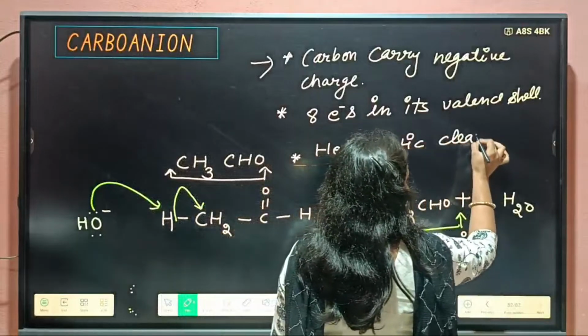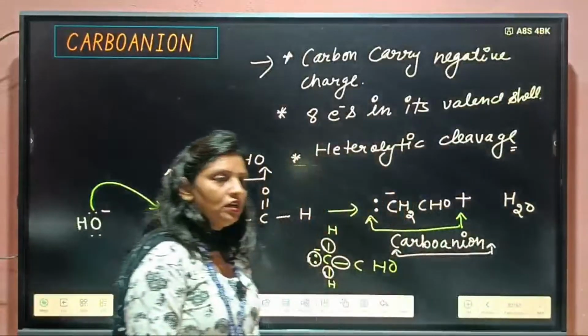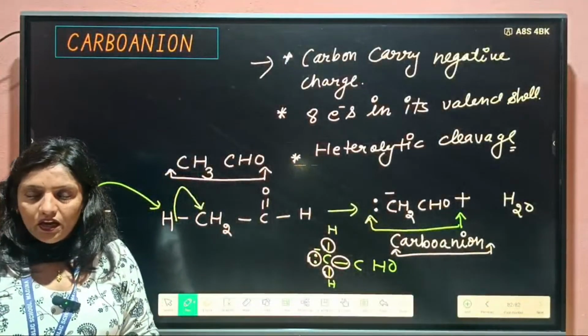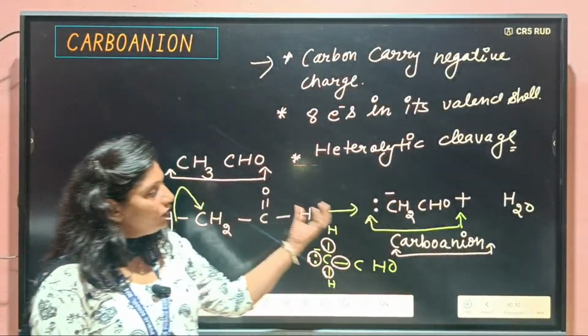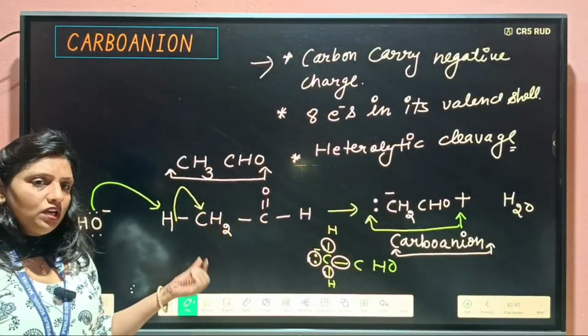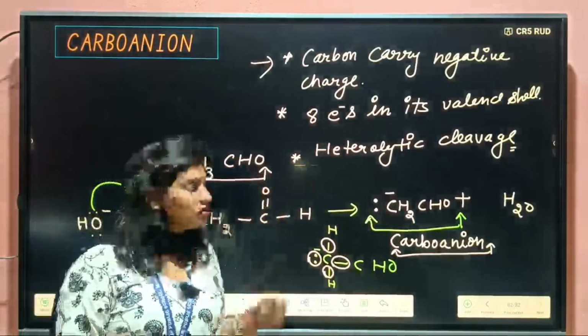You know very well in carbocation also heterolytic cleavage takes place, then formation of carbocation takes place. And during formation of carbanion also heterolytic fission takes place. Clear? But in free radical, homolytic takes place.